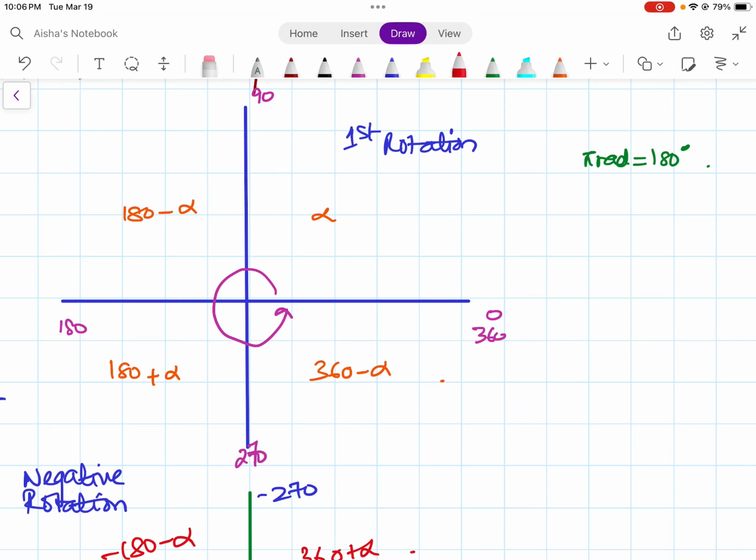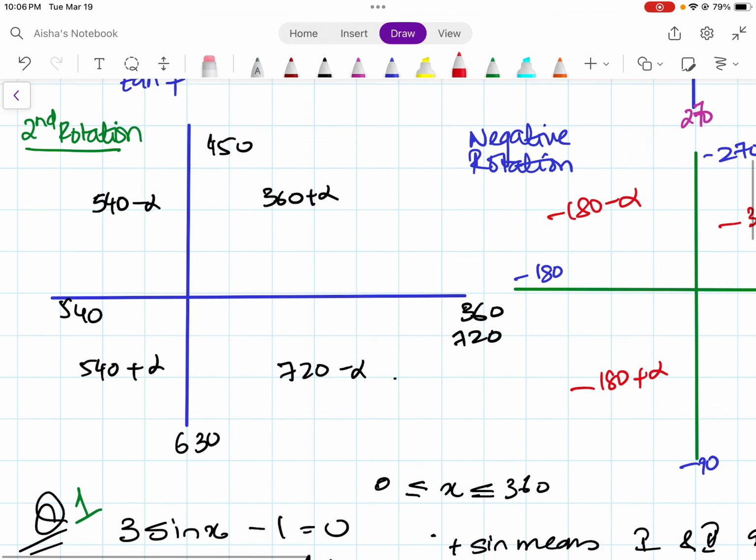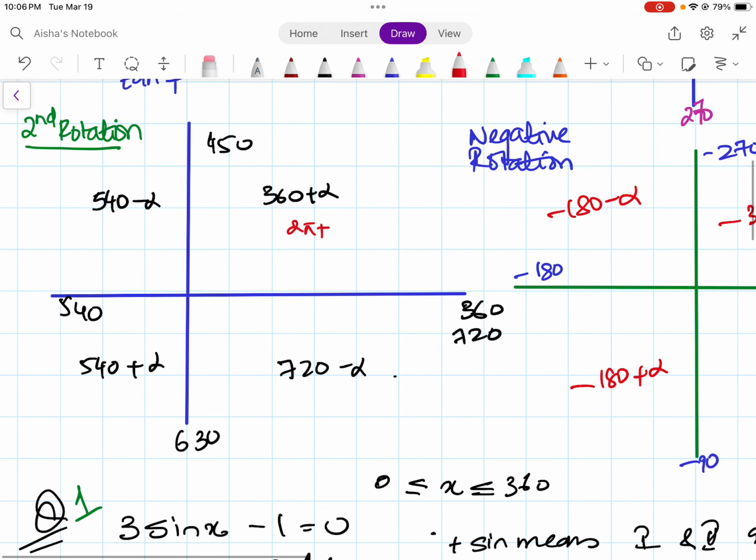I'm just writing them down. Alpha will remain alpha, pi minus alpha, pi plus alpha, 2 pi minus alpha. Alpha will remain alpha, and I'm highlighting the radian ones, okay? Now over here it will become 2 pi plus alpha, 3 pi minus alpha, 3 pi plus alpha, and 4 pi minus alpha.